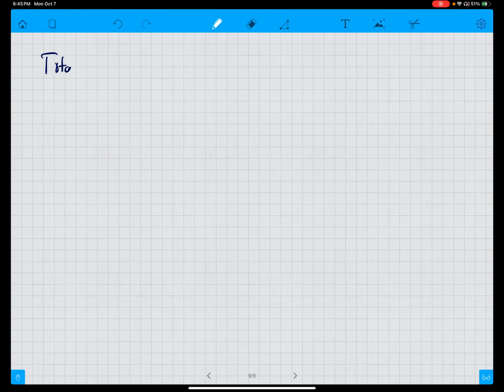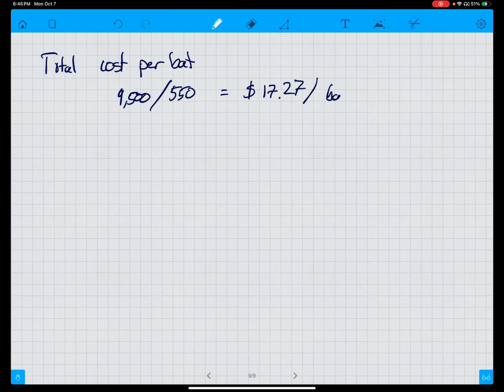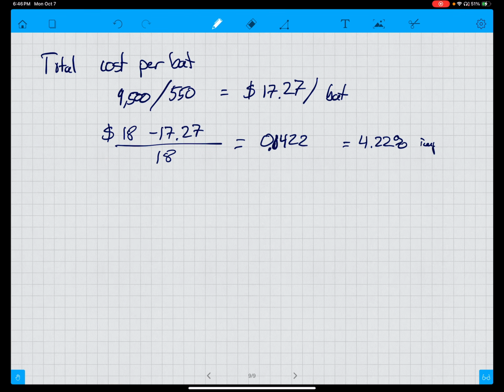So total cost per bat, $9,500 divided by 550 bats is equal to $17.27 per bat. 18 minus 17.27 divided by 18 equals 0.0422, which is a 4.22% improvement. So paying people more helped.